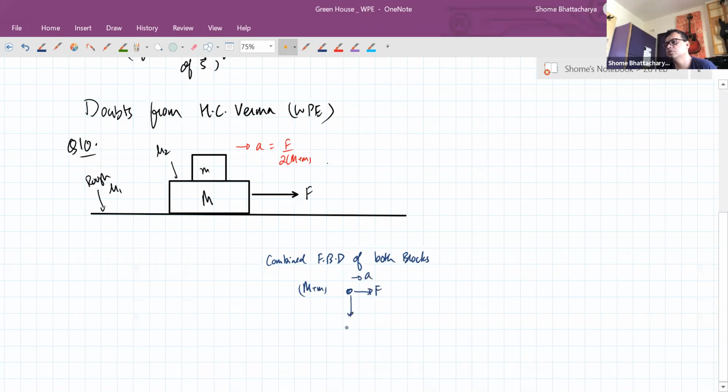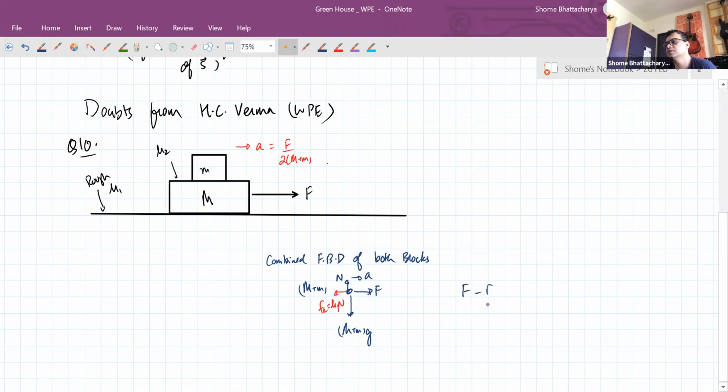Sorry, there are two horizontal forces, but the other one is friction, this will be mu1 n.